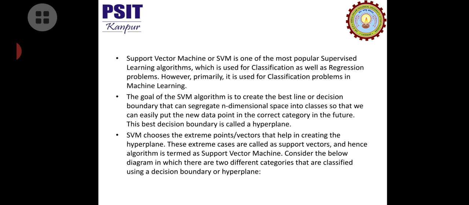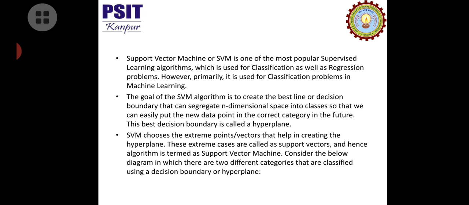So what is the main purpose of using the SVM algorithm? The main purpose is to create the best line, or you can say the decision boundary. Decision boundary for what? For the segregation of n-dimensional space into classes. Why are we doing so?